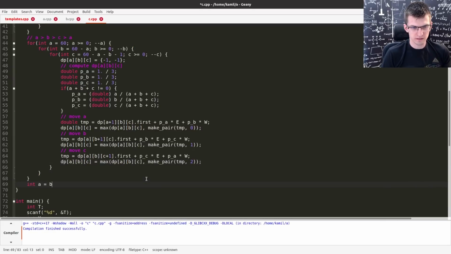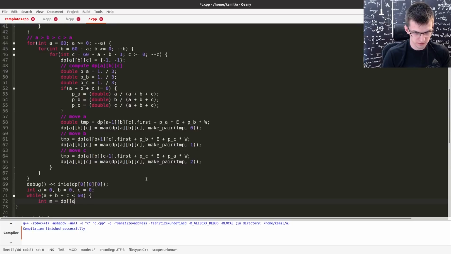And now starting from this state, yeah, also we can, I guess, print. No, 0. And while the round is not over, my move is this dot second.